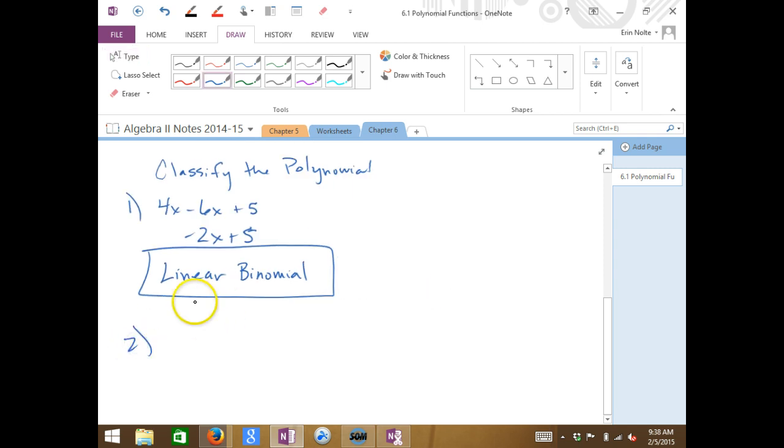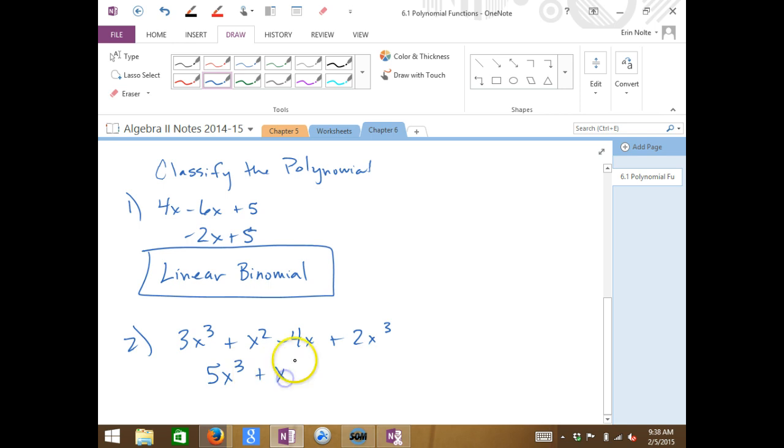Let's do one more. Let's say you have 3x cubed plus x squared minus 4x plus 2x cubed. First of all, can I simplify that? 5x cubed. Good. I have 2 x cubed terms. If I combine those, that makes 5x cubed.